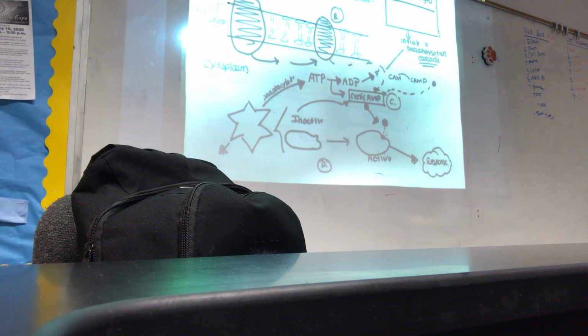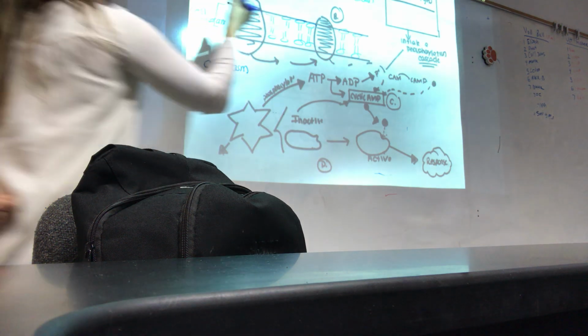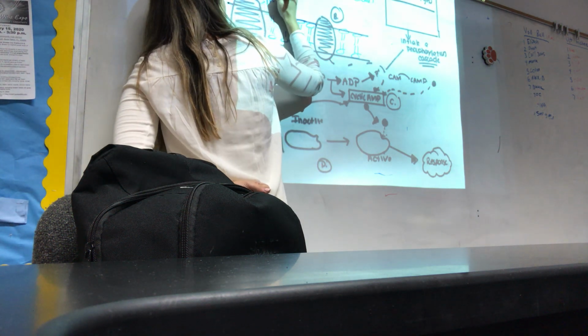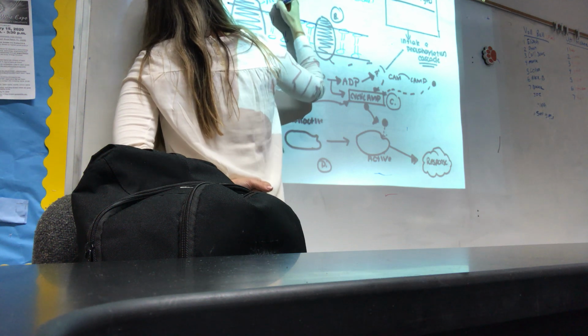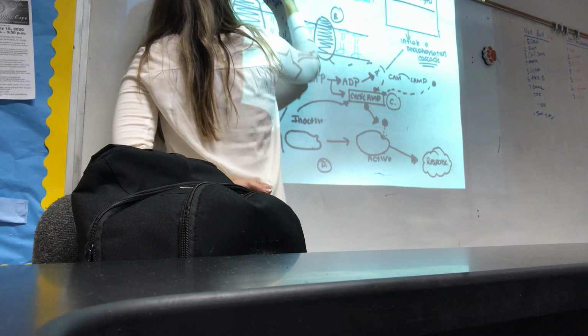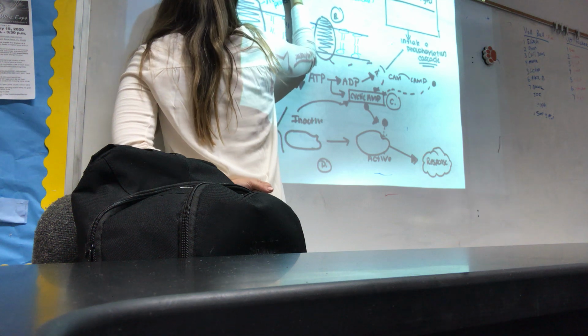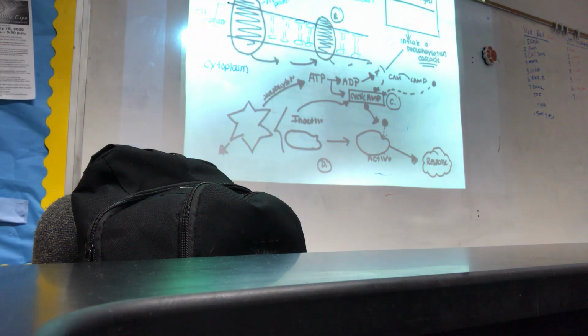This is a receptor protein. And this little guy up here is your ligand. Remember, ligand is a fancy way to say a signal molecule. The little circle, that's your ligand. That could be a hormone. It could be a chemical. It could be anything that can bind to the receptor.